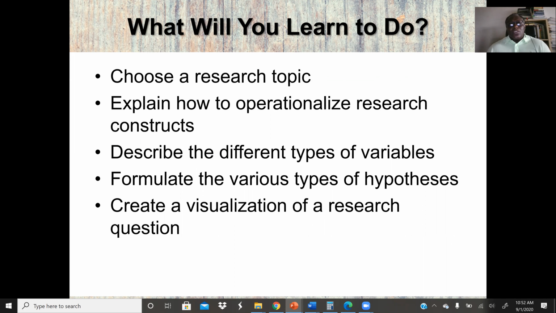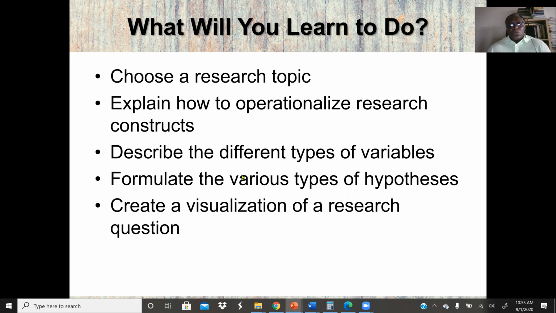So in these lectures, we are going to learn how to choose a research topic. Also, we're going to discuss how to operationalize research constructs. A research construct again means the research topic. We will also describe the different types of variables and formulate various types of hypotheses. These two items take us back to statistics.